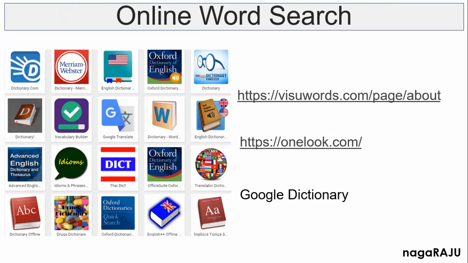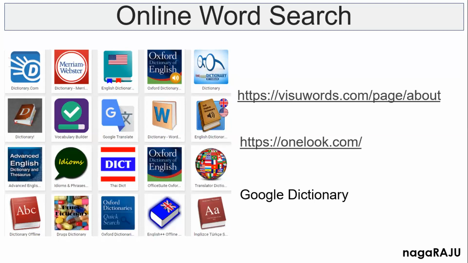Visuwords is another kind of dictionary where words, their meanings, and their word associations can be seen in a beautiful way. It's very interesting both for students and teachers, and words are connected to each other, and it tells you what parts of speech they are, how they are connected, how they are collocated with others, and lots of other things.